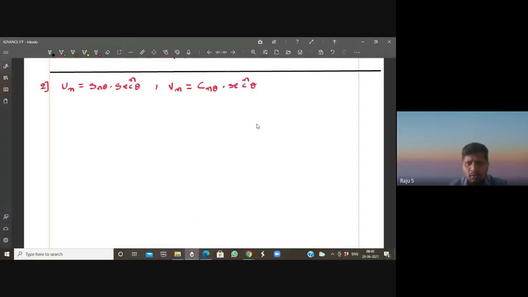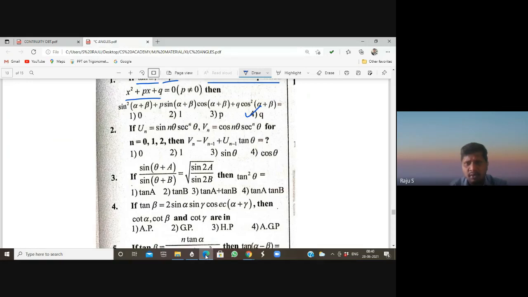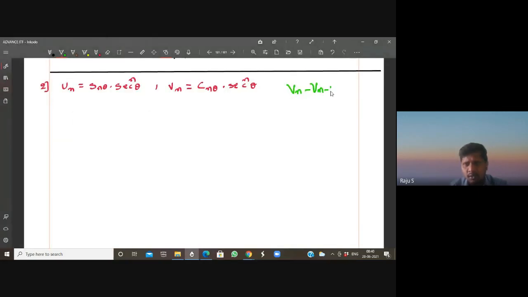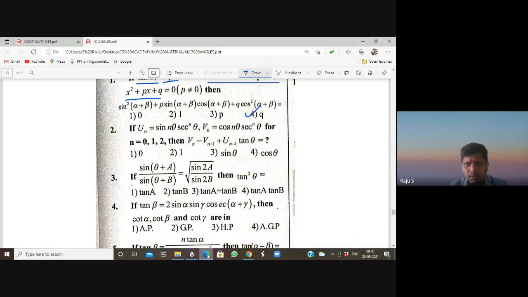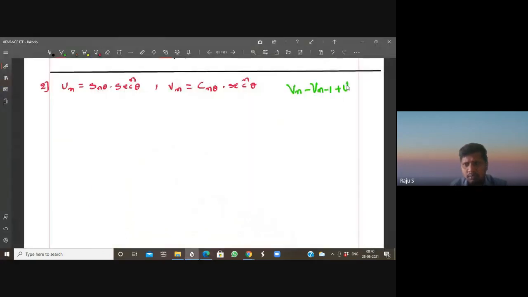Then in the question we need to find Vn minus Vn minus 1 plus Un minus 1, tan theta. Tan theta is equal to what? We need to find this value.